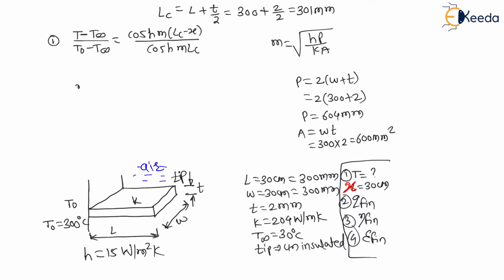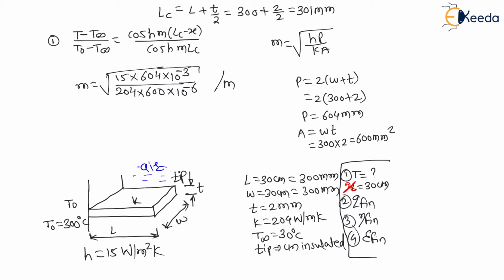Therefore this m will become under root of, h is nothing but the convective heat transfer coefficient given here, which is 1515, into the perimeter we have calculated 604 in mm, but I have to convert into meter, therefore into 10 to the power minus 3, divided by the thermal conductivity given 204, into the area we have calculated 600, but it is mm square, therefore I have to multiply with 10 to the power minus 6 to convert it to meter square.